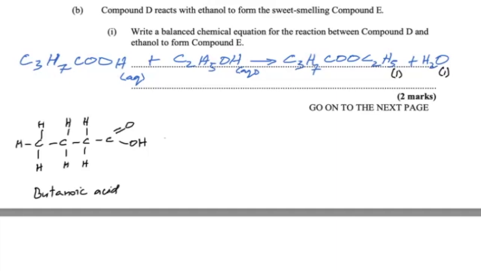We're going to put the OH from the ethanol nearby, two carbons. And it's the joining of the OH from the acid and the H from the alcohol that comes off as water.